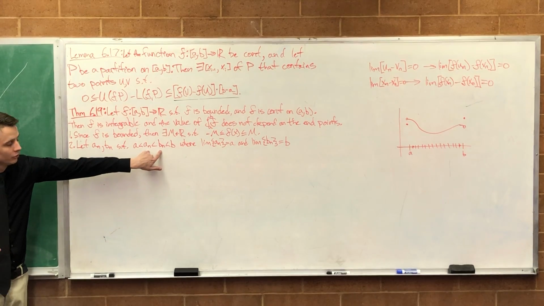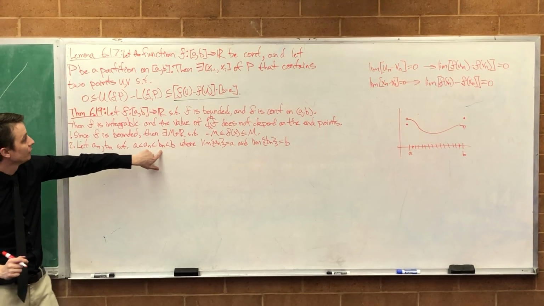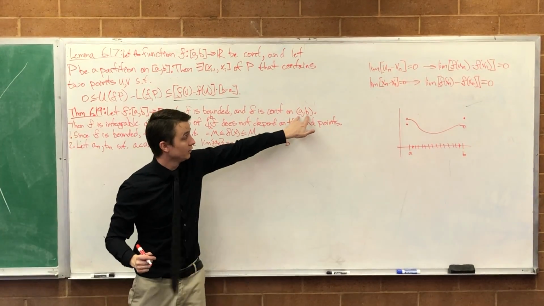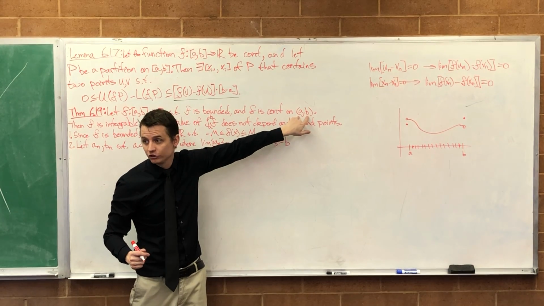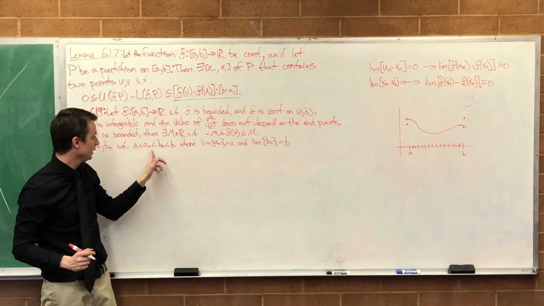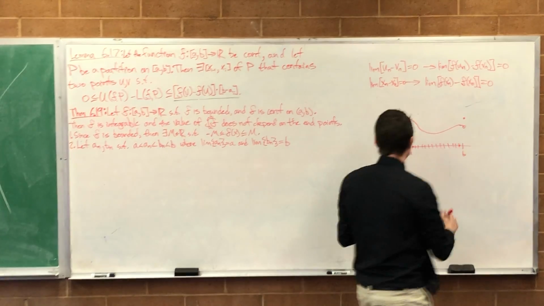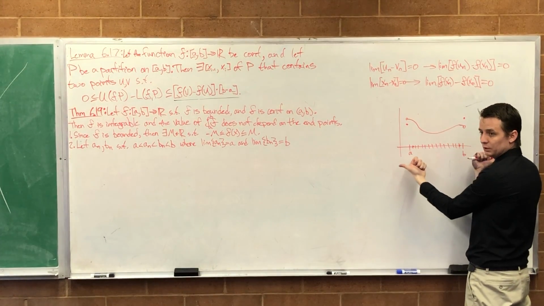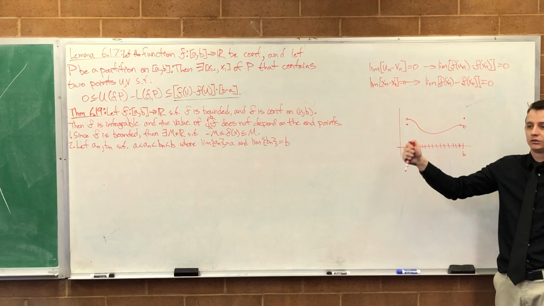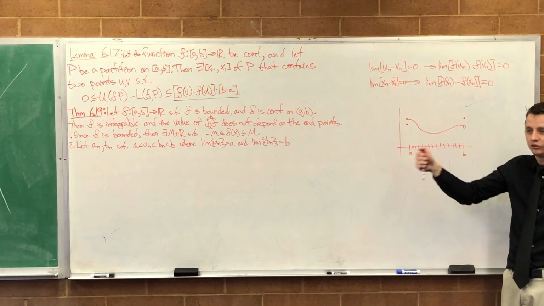I've got a_n and b_n are two numbers that are always going to be inside of here. So our function is going to behave nicely from a_n to b_n. And I've also got them such that they keep getting closer and closer to a and b. So we're stretching out our interval that this function is going to behave nicely on.